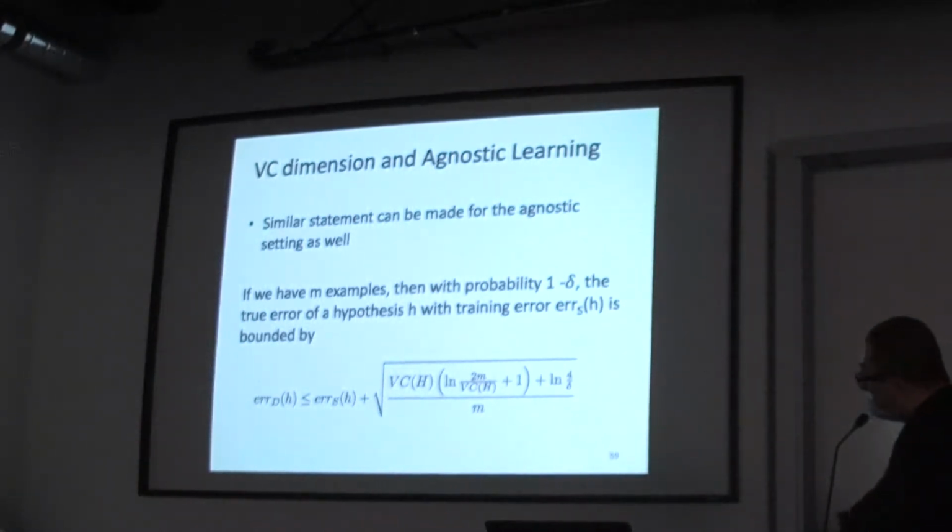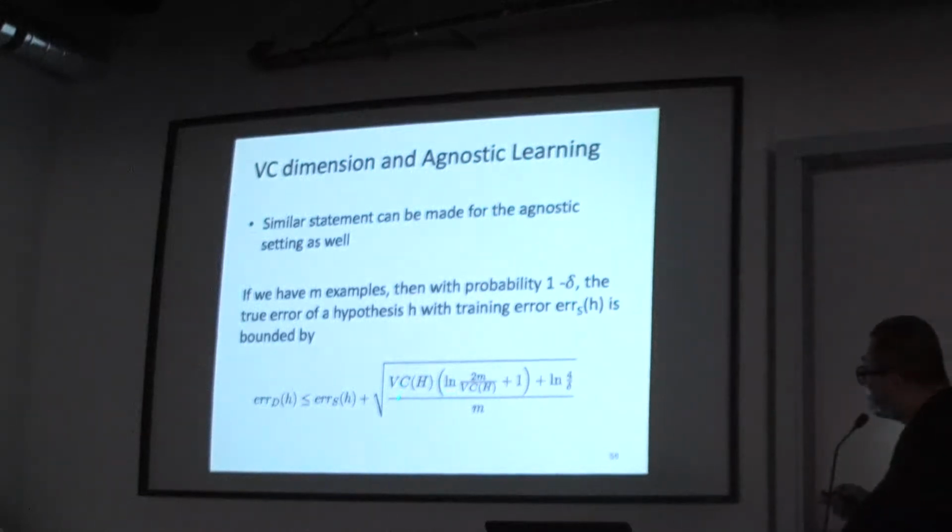If you want a smaller generalization error, or true error, in addition to reducing the training error, you need to increase the number of training examples. So you increase m, then this whole term will decrease. Although you have m in the denominator and the logarithm of m in the numerator, the logarithm increases much slower than m, so as you increase m, this term is decreasing.